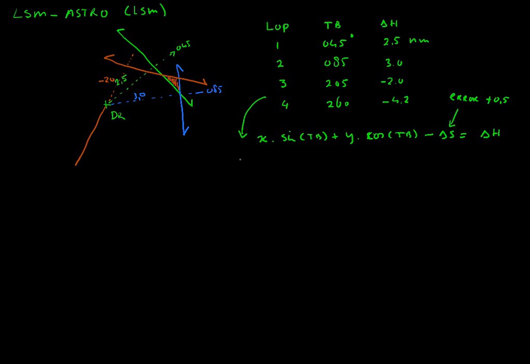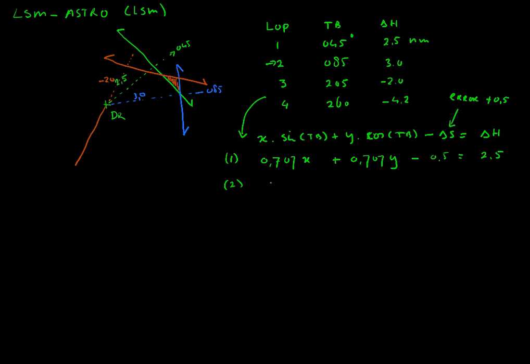So what we do is we put all these numbers in the equation. The first one will be something like the sine of 45 degrees, which is 0.707x plus 0.707y minus a half equals, in this case, 2.5.